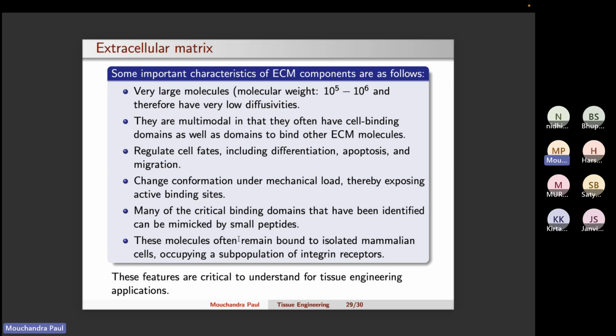So these are the important features that it is important for you to understand from a tissue engineering perspective.